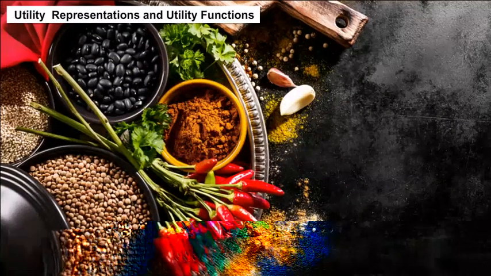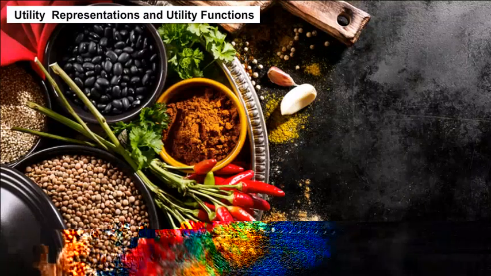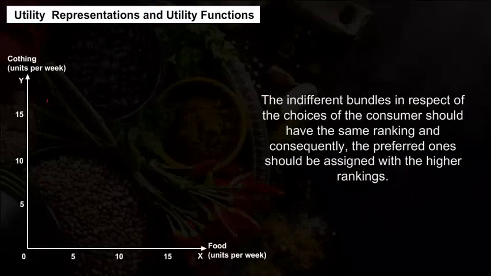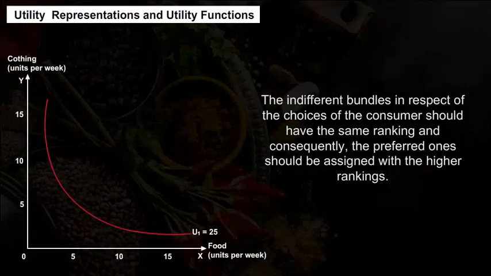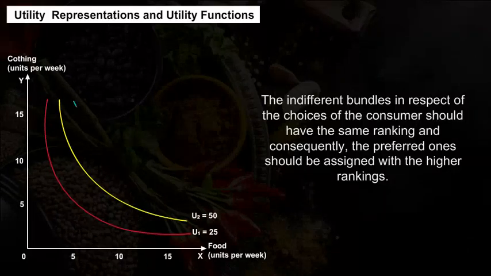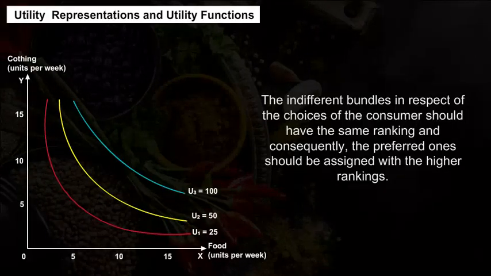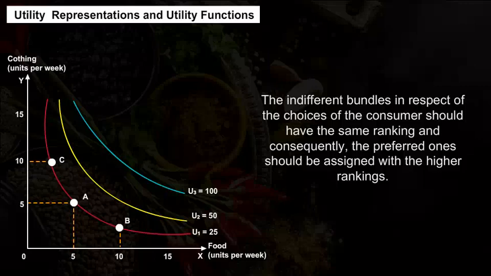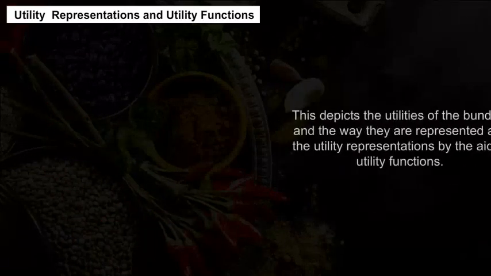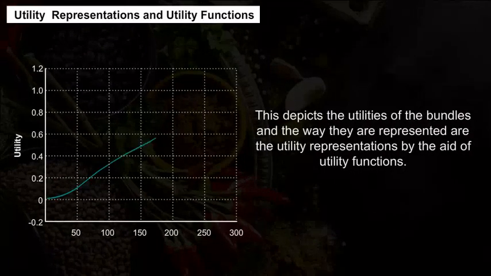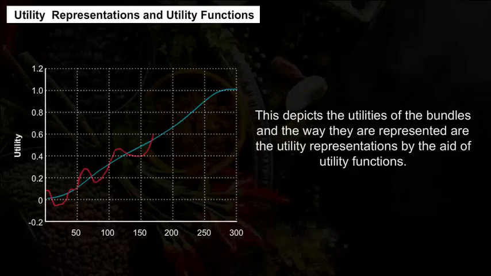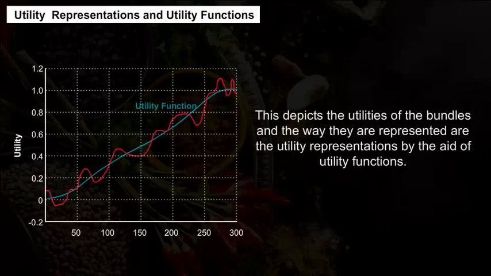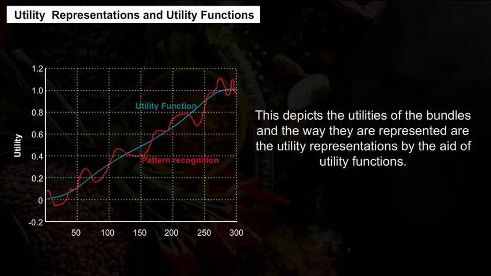Utility representations and utility functions. The indifferent bundles in respect of the choices of the consumer should have the same ranking, and consequently the preferred ones should be assigned higher rankings. This depicts the utilities of the bundles, and the way they are represented constitutes the utility representations by the aid of utility functions.